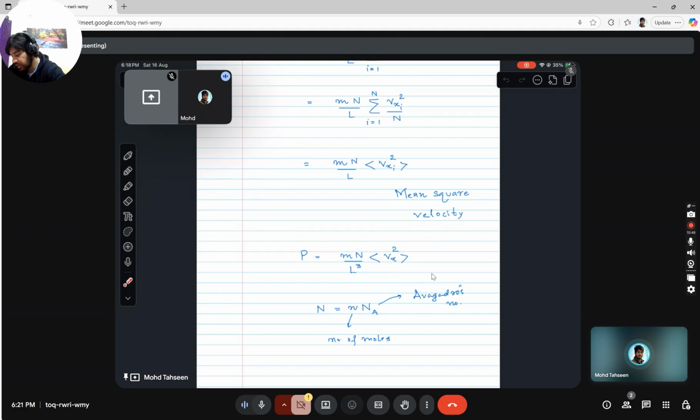And this n is the total number of particles. This n is equal to small n times Avogadro's number, where small n is the number of moles. If we multiply these two factors, we get the total number of particles present in a system.